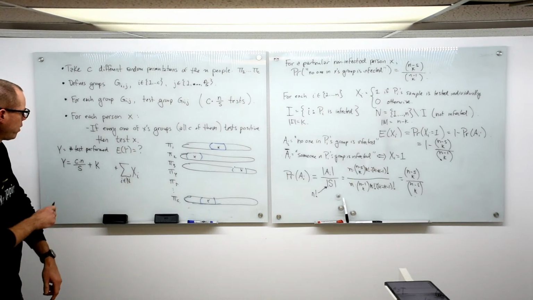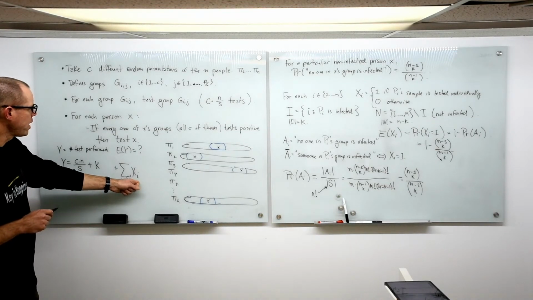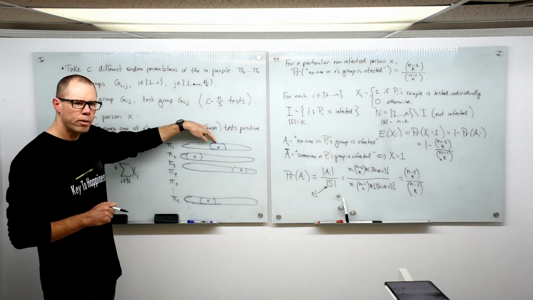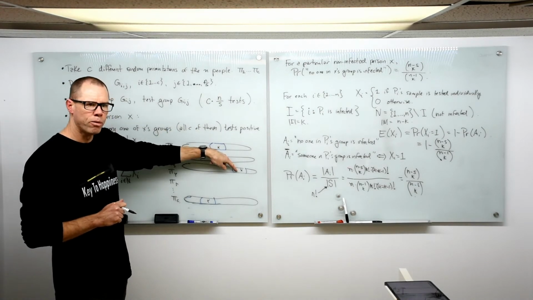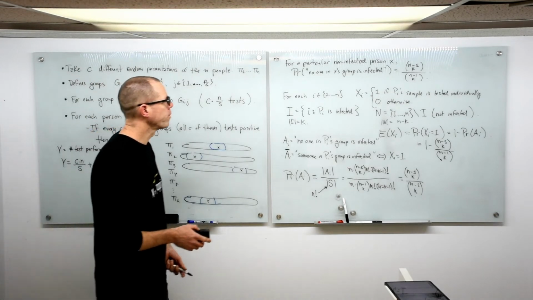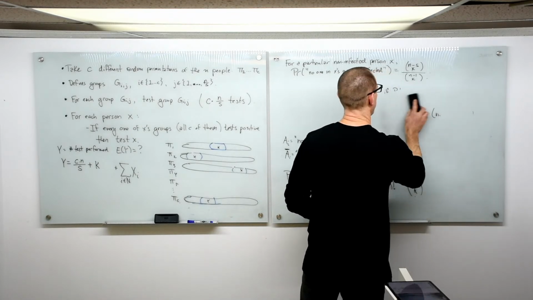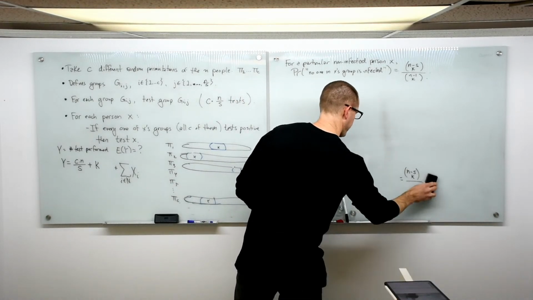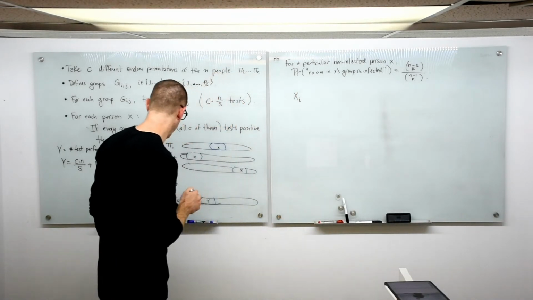And what about this number? What does it mean now to say that this person got tested in the second round? Well, that means that this group has at least one positive person in it, and this group has at least one positive person in it, and this group has at least one positive person in it, and so on. So actually, we can go back and reuse what we just did. Right? So xi is going to be equal to 1.